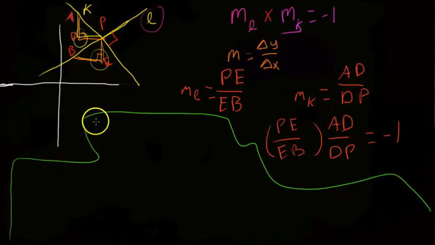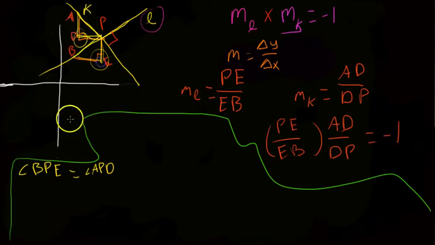So I want to prove that angle BPE, just from eyeballing it, is equivalent to angle APD. If you see that, you can skip forward a little bit.